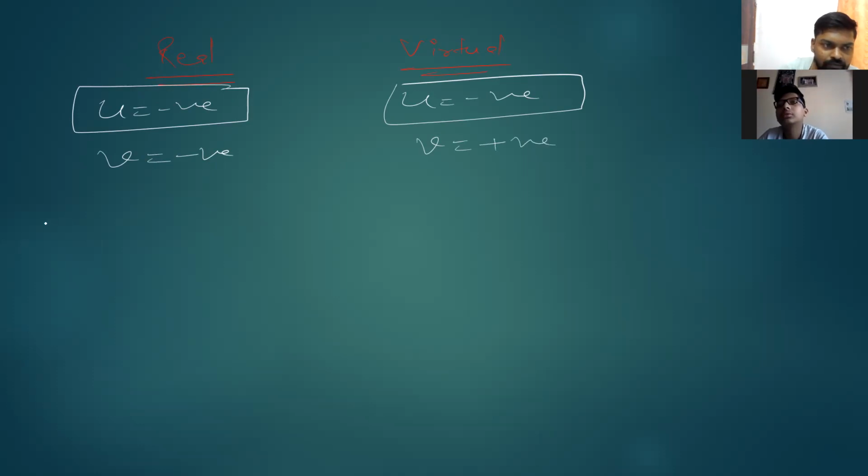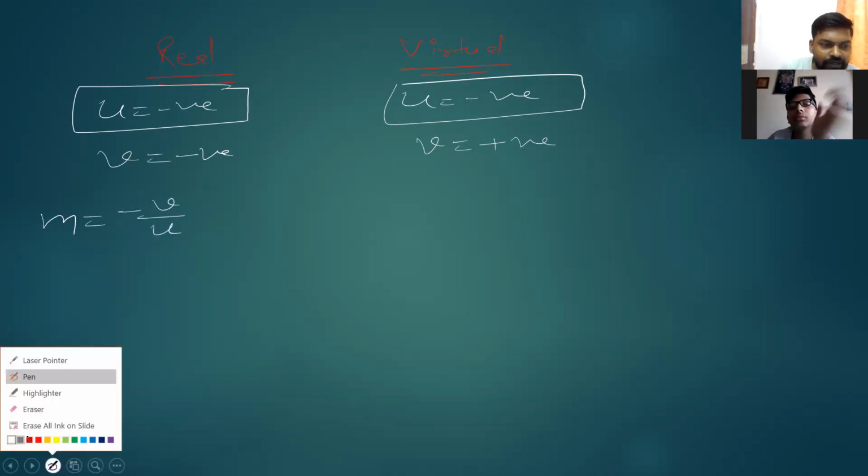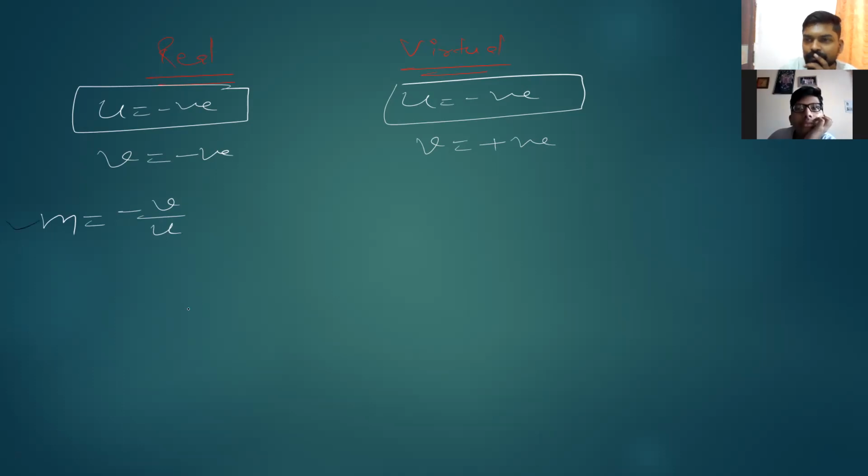Positive. Now I'm talking about m. Is m positive or negative for real image? Is m positive or negative for virtual image? The formula of m is minus v upon u, as I told you before. This minus is God gifted.